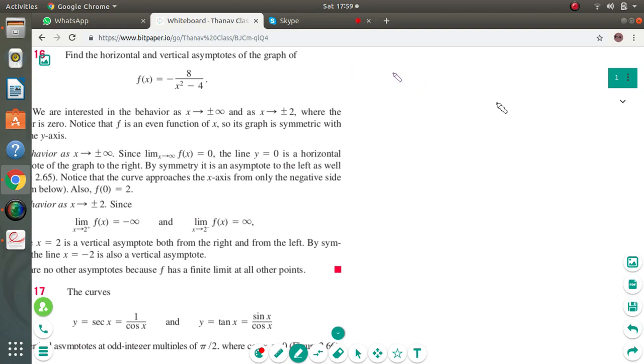Okay, so you say x tends to infinity, so then minus 8 by x.